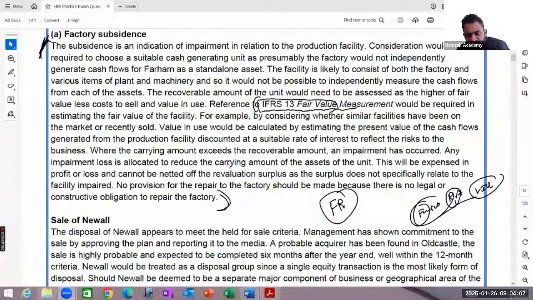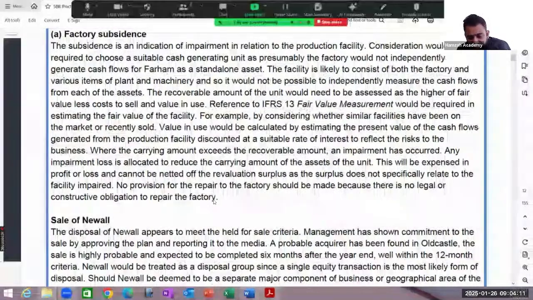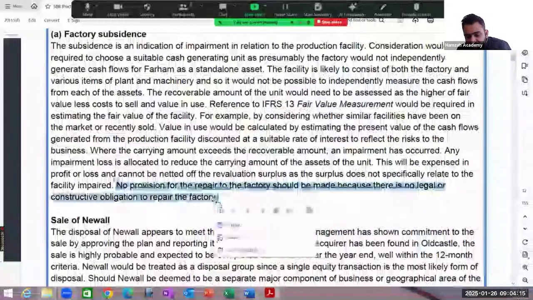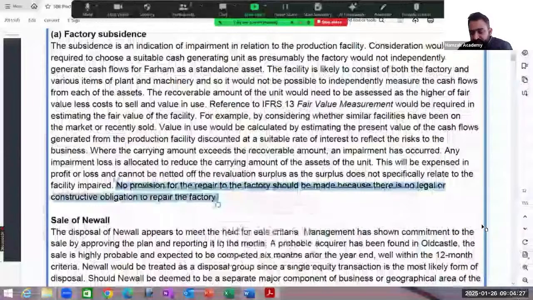Now you have read it, so there will be no impairment. So there will be no provision, because for repair there is no legal or constructive obligation, and we cannot adjust the loss on a factory subsidence against the revaluation surplus, which is relating to some other assets.